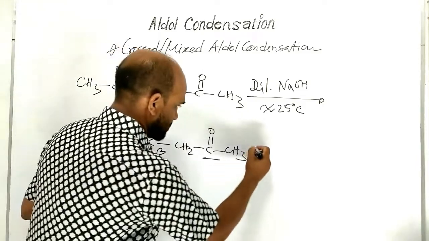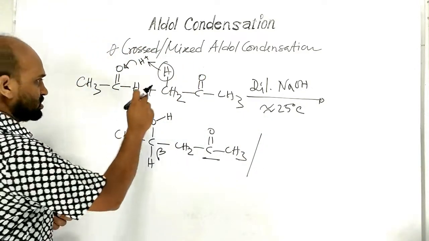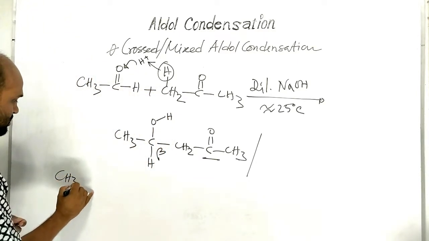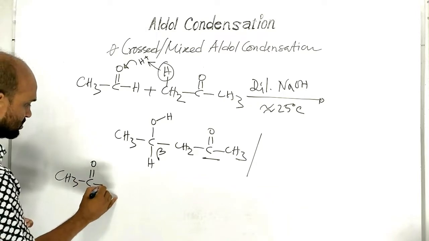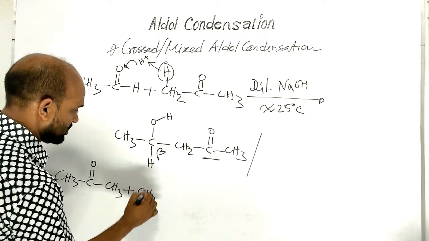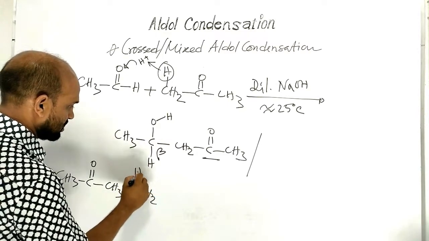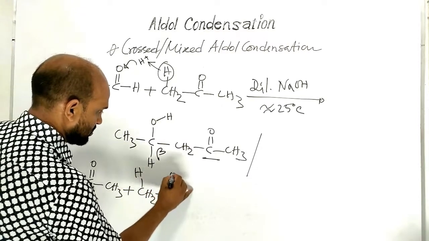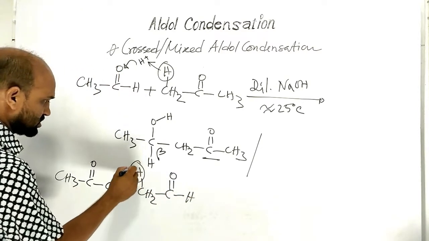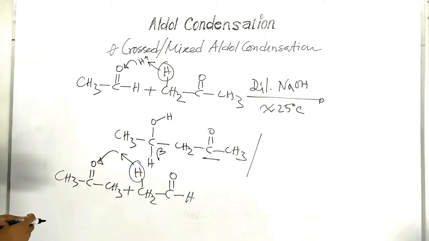There is a chance to form another product, that is when this is written first, like CH3, CH3, here CH3, that is here H, this one. Then this hydrogen is freed as a proton and combines with this oxygen.